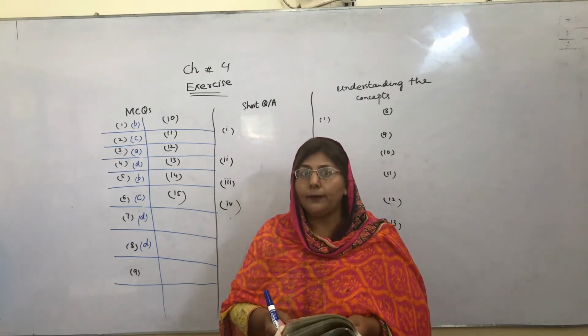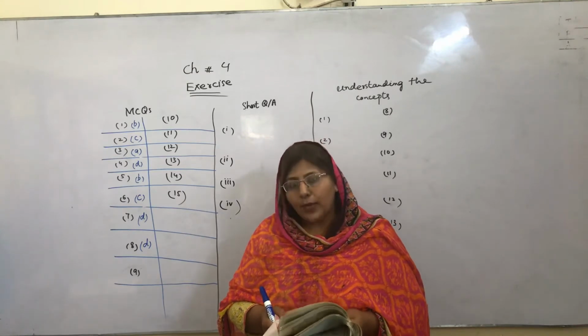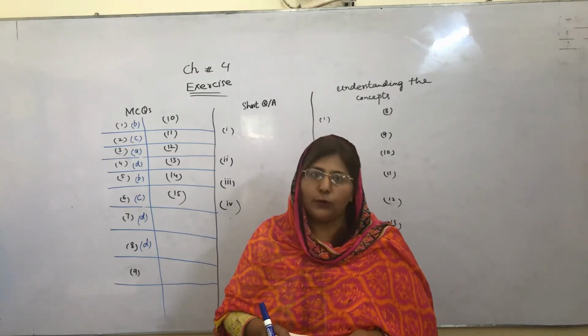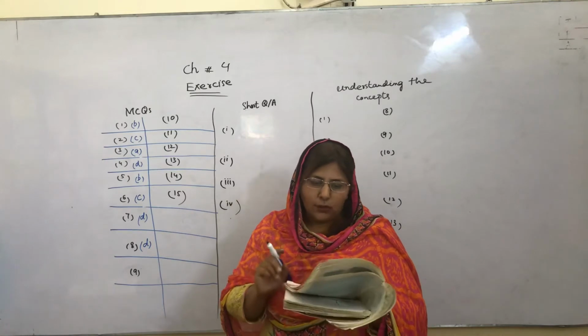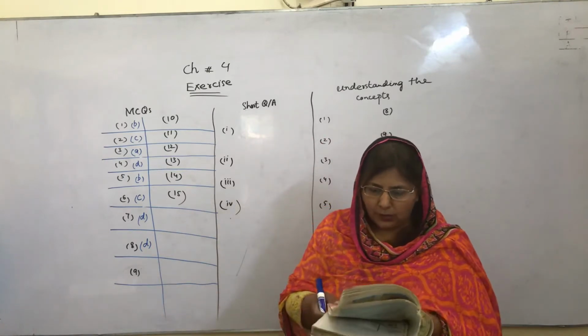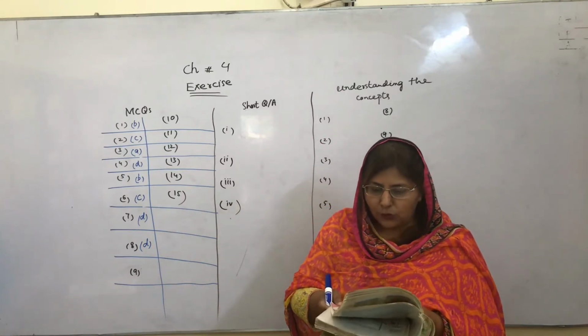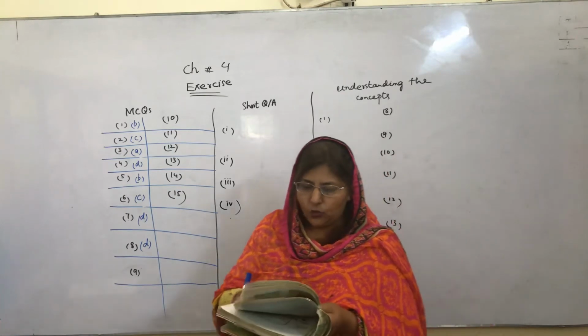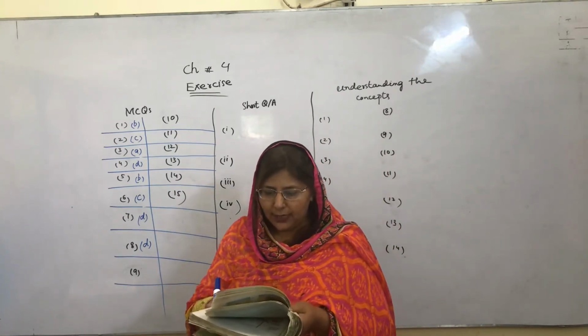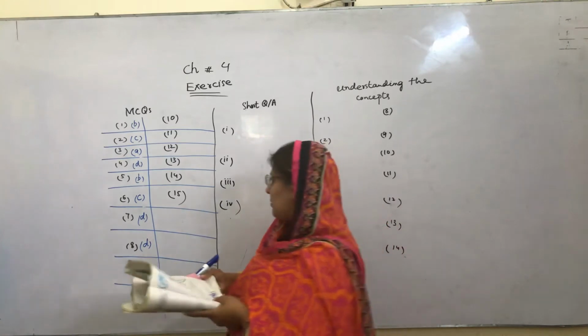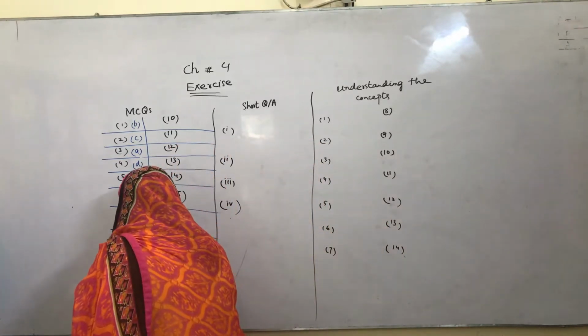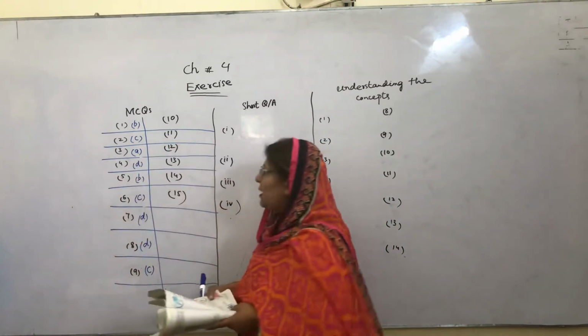Nucleoli produce ribosomes, and ribosomes produce proteins for the body of the cell. So according to this explanation, the correct option for question number 9 is C, nucleolus.